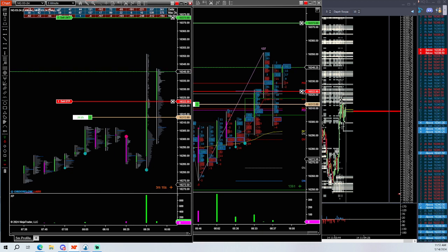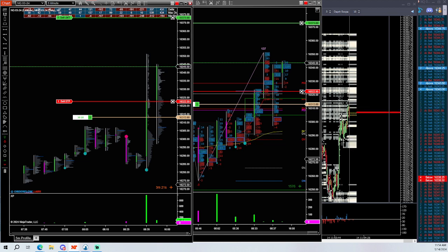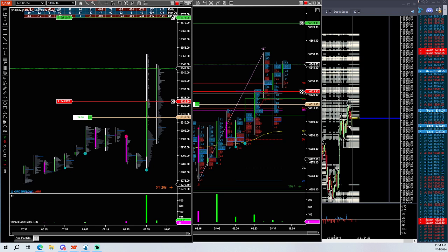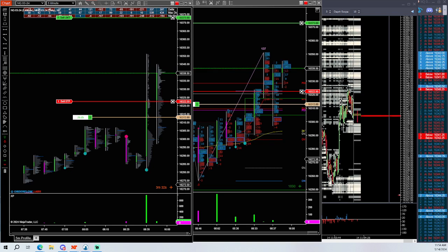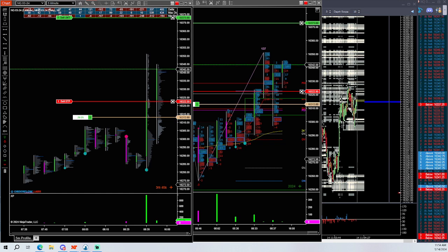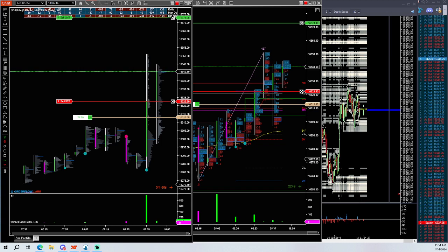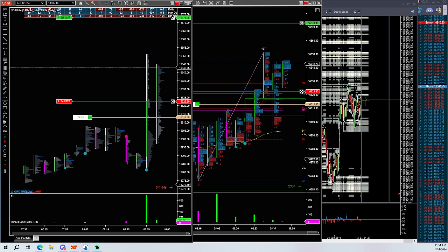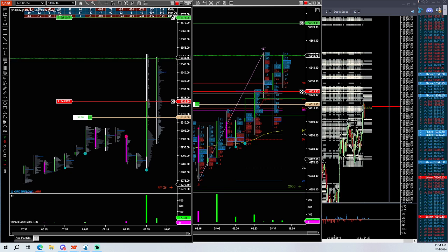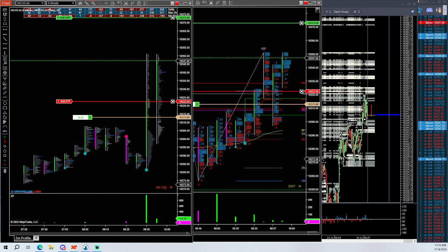See if they can press these 50s again and push higher. Twos. Still continuing to stack that side. Still continuing to press the 50s.